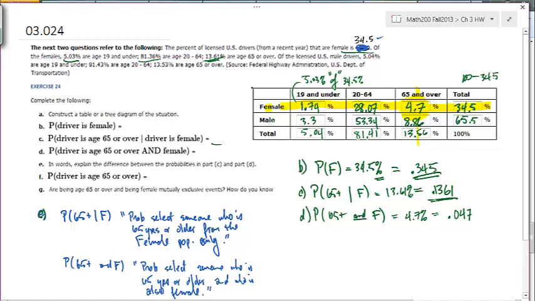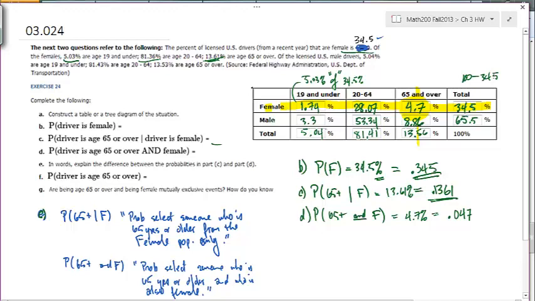So we're not restricting ourselves to the female population only. We're looking at the whole population, and we're looking at somebody who's 65 and over and female. So that's why this particular probability is easy to obtain from this table, because they're just sitting right here.